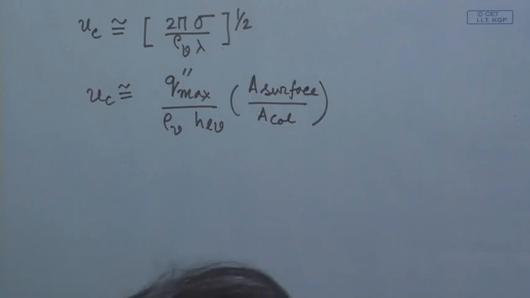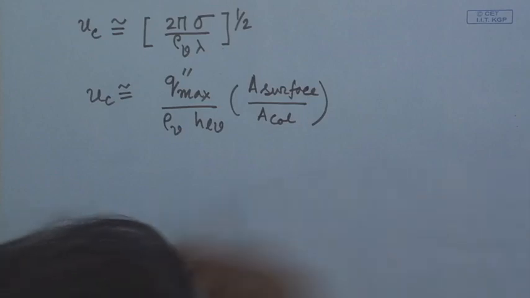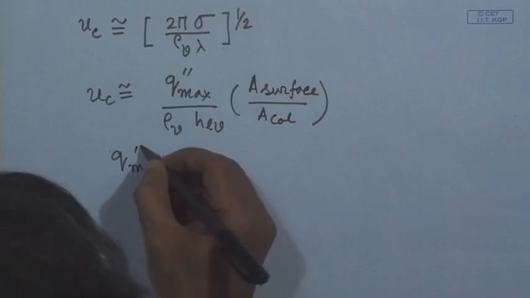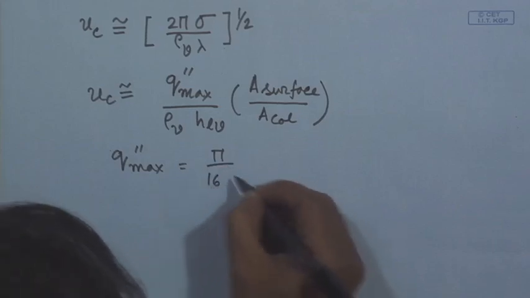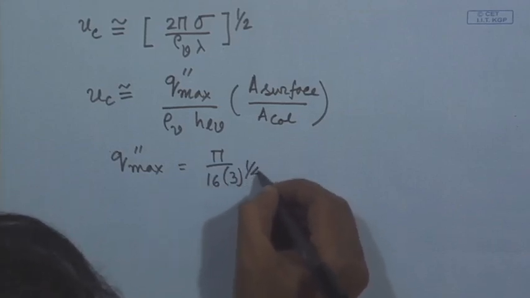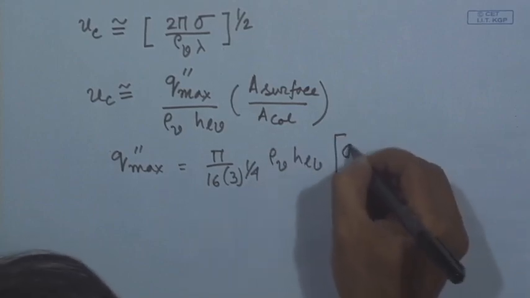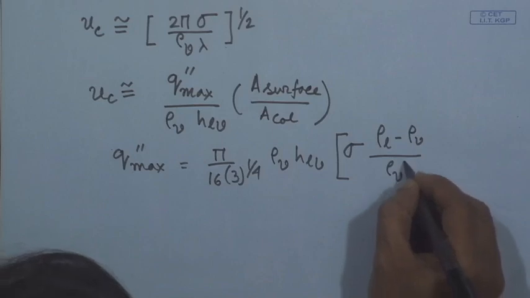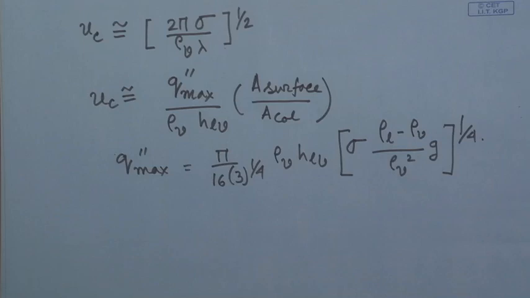So, with all sorts of simplification, one can get Q max double prime equal to pi by 16, 3 to the power 1/4, rho V HLV, sigma times rho L minus rho V by rho V square, into G, whole to the power 1/4.